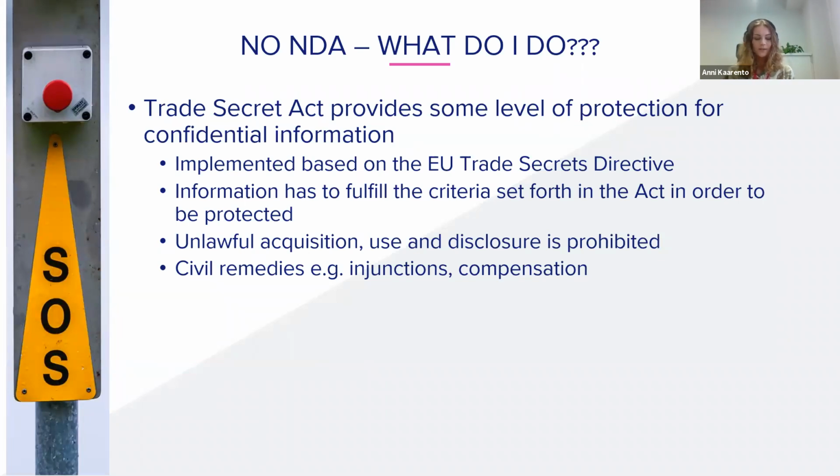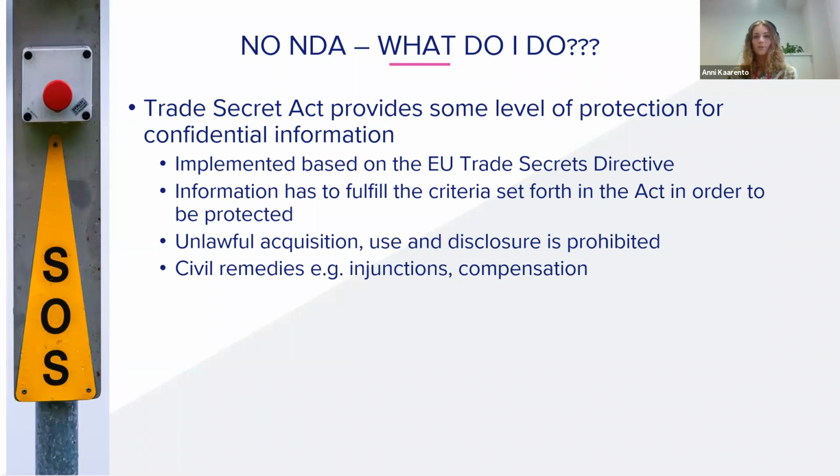And the most important thing about the Trade Secrets Act is that your confidential information has to fulfill the criteria set forth in the Act in order to be protected. So it does not protect everything. And the requirements are that the information must not be generally known to persons that normally deal with such information.